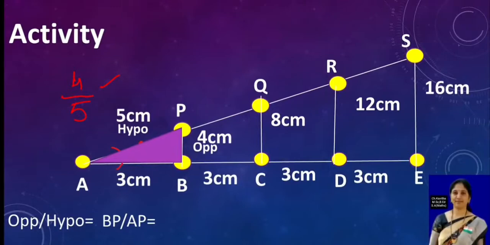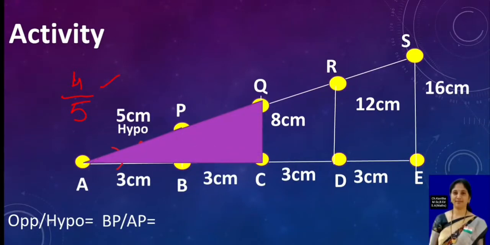Now consider the other triangle, that is ACQ. In this triangle also, first we have to find out the hypotenuse value. This becomes the opposite because we are considering theta here. Now consider the value of hypotenuse, that means AQ value. Just see how we can get the AQ value.